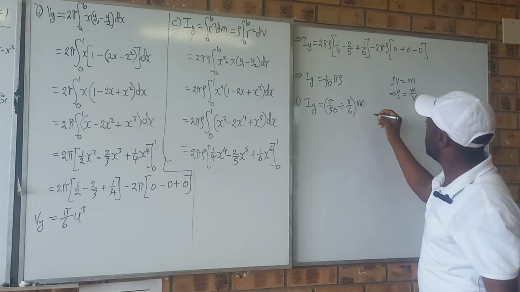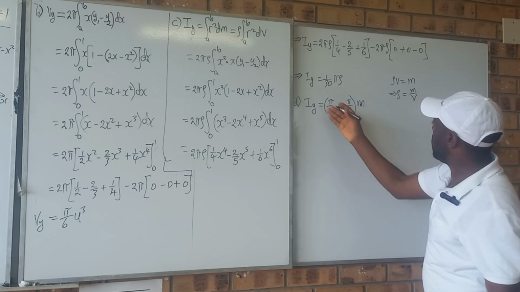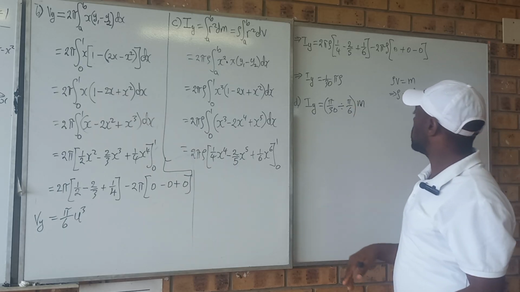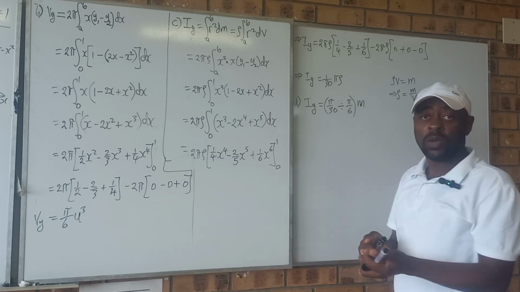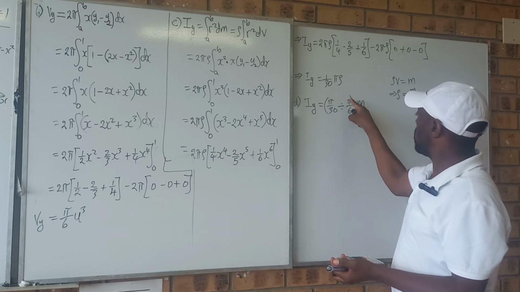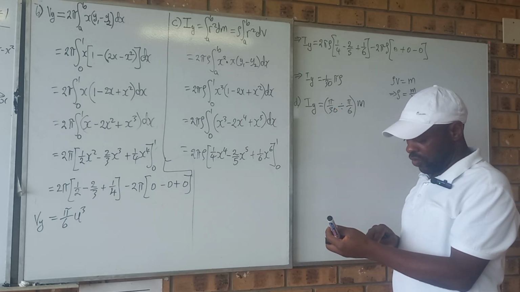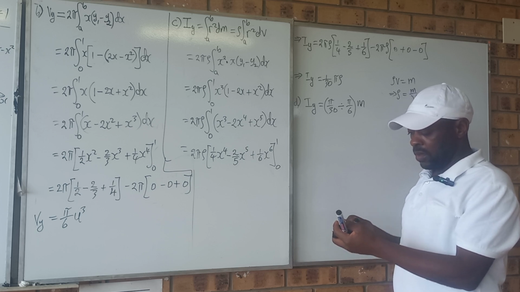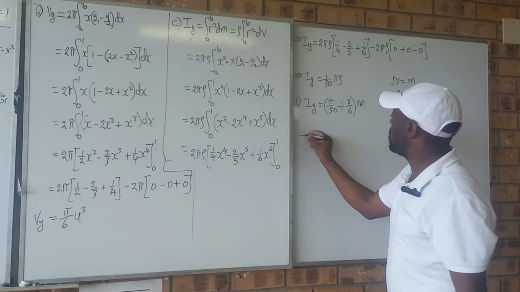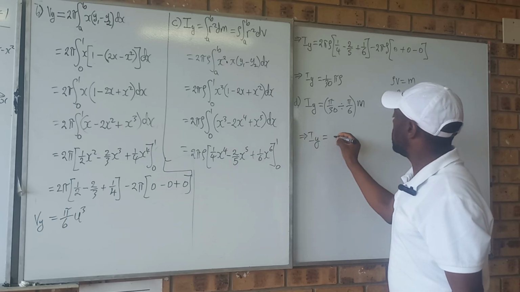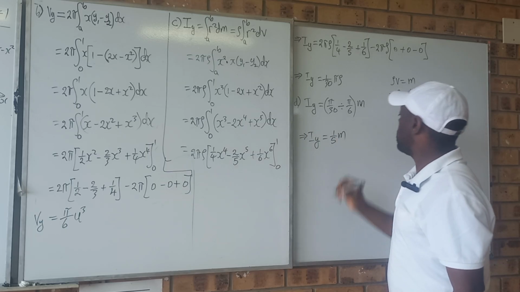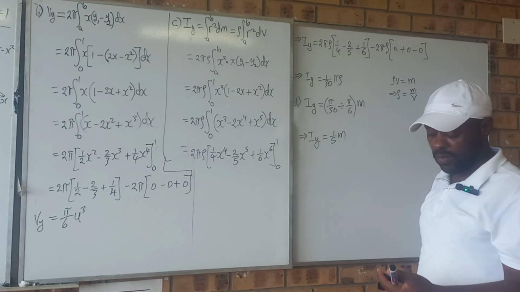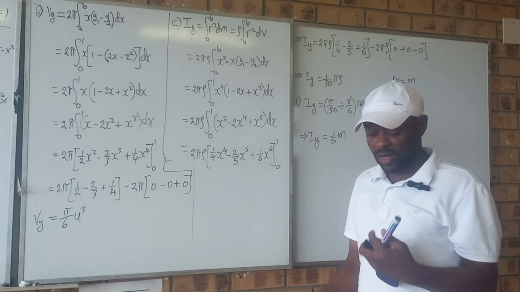So if I put mass out here, then it gives me 1 over 5 m. So it shows that my moment of inertia is 1 over 5 m. So I've written my answer for moment of inertia in terms of m. So ladies and gentlemen, that's how we handle this.